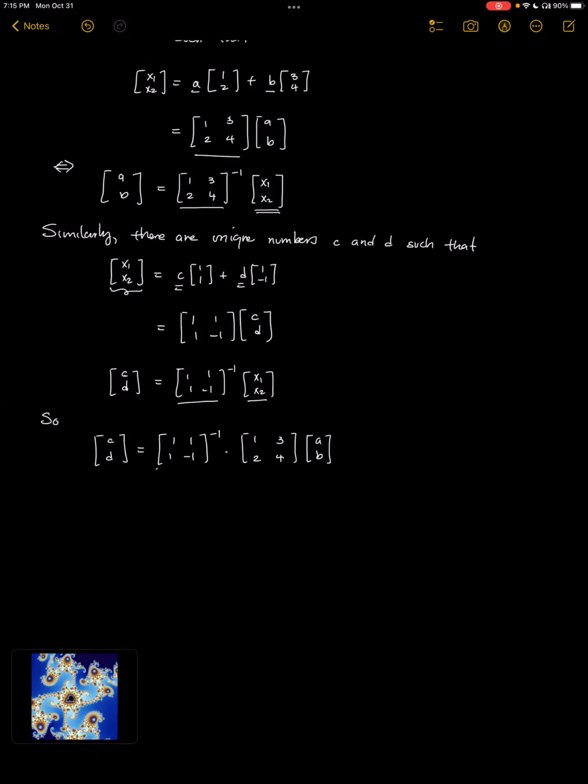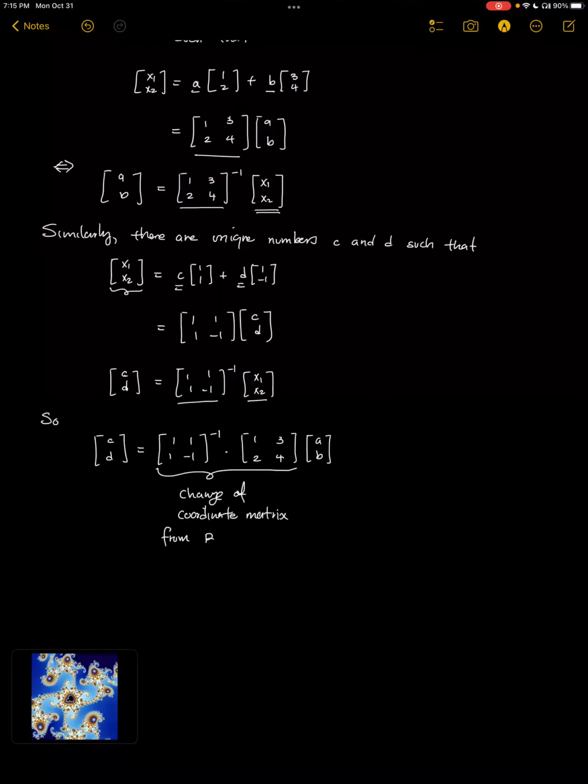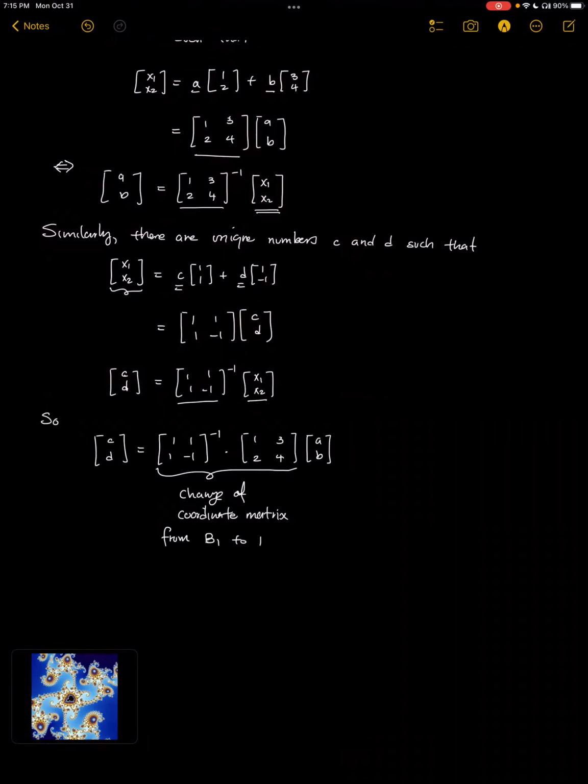So this is what we call the change of coordinates matrix. From where to where? Well, from B1 to B2.